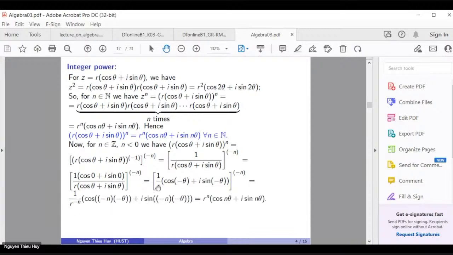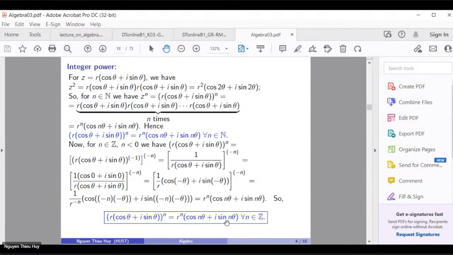Then you obtain 1 over r to the power minus n, and cos of minus n multiply minus theta plus i sine of minus n multiply minus theta, and 1 over r to the minus n is just r to the n, and then cos n theta, because minus n multiply minus theta is simply n theta, plus i sine n theta. Okay, at the end of the day, you obtain this formula for all n in Z, right? Whatever, negative or positive, it is always true for any integer number.